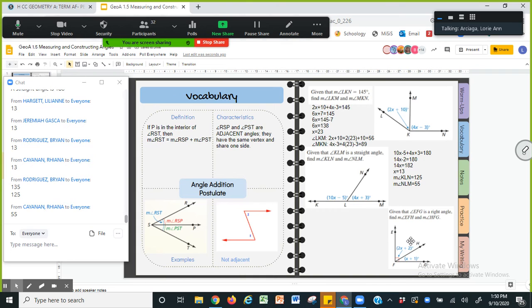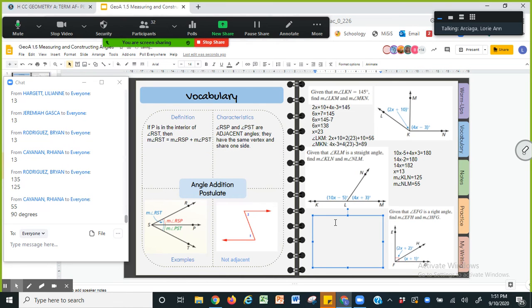Now, last but not least on this page, this time it's a right angle. So how did you define a right angle earlier? 90 degrees. So that's basically what we're going to do. 2x plus 2 plus x plus 1, we're just going to make it equal to 90.